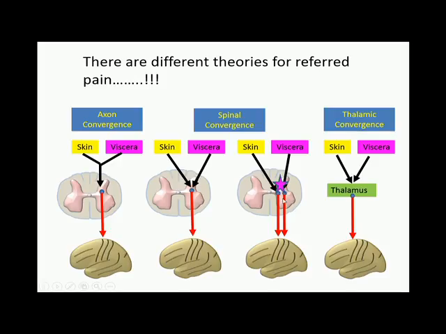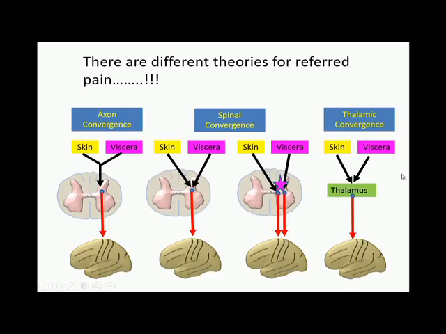When a visceral organ is affected, the signals coming through the visceral neurons reach the dorsal horn and spill over into the surrounding area. They stimulate the neurons coming from the skin, and now you feel the pain coming from the skin. Both of these are well accepted, and that's called spinal convergence.